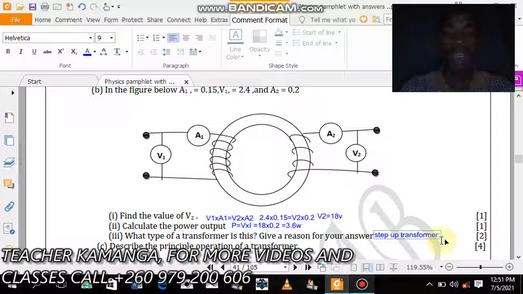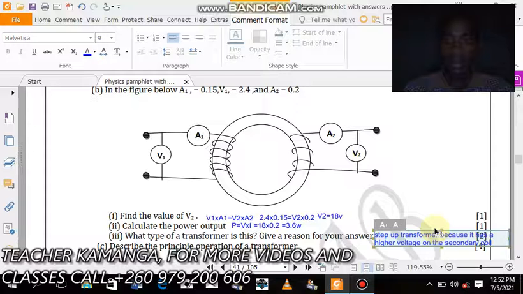If we're giving the reason based on the voltage, you say because it has a higher voltage on the secondary coil.